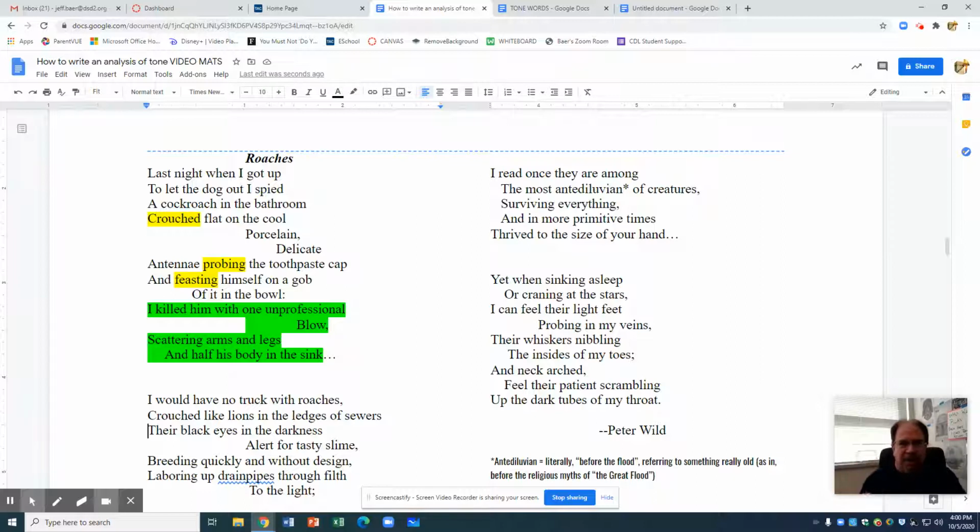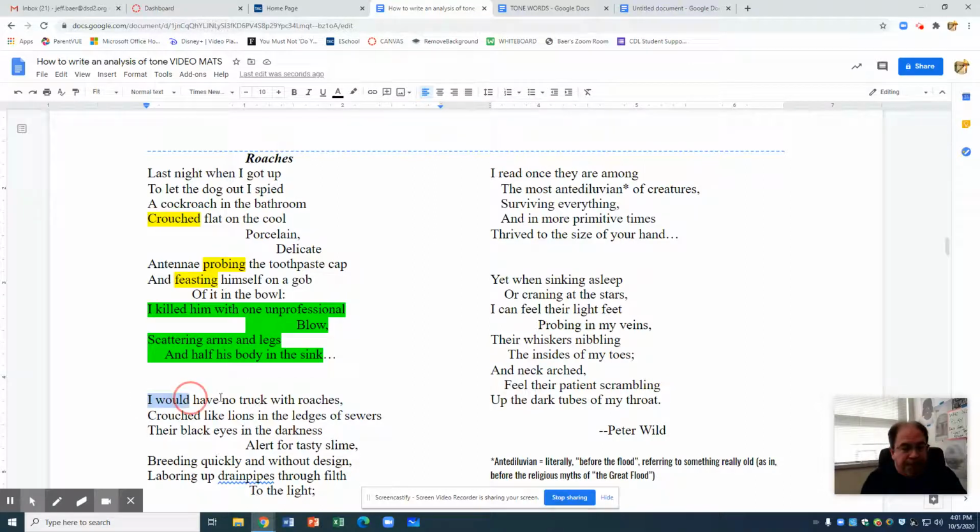The word blow sounds like a boxer, right? Landing blows on his opponent. And so this guy is serious about killing this creature. And it's a really graphic and unapologetic and very grotesque image of the result of his unprofessional blow, and this thing's legs and body are scattered all over the place. Pretty nasty. So that's a great example of his hateful attitude.